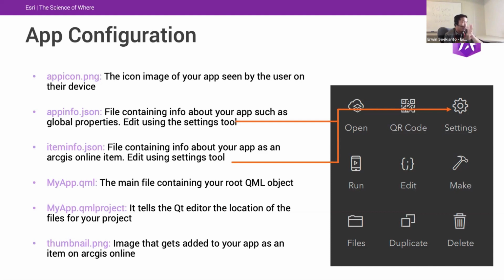You have an app icon, app info JSON, item info JSON. myapp.qml is the main file that starts your app, for the source code. You have a QML project file and then a thumbnail. So at the very least, you need these files to start an AppStudio project.